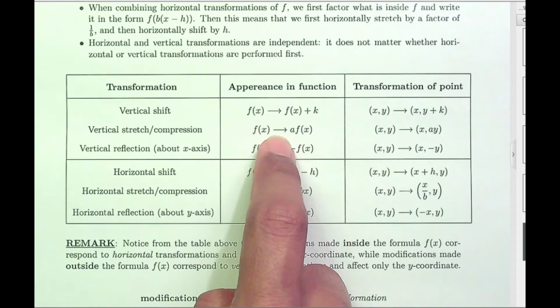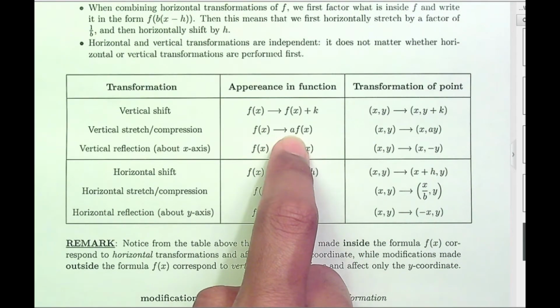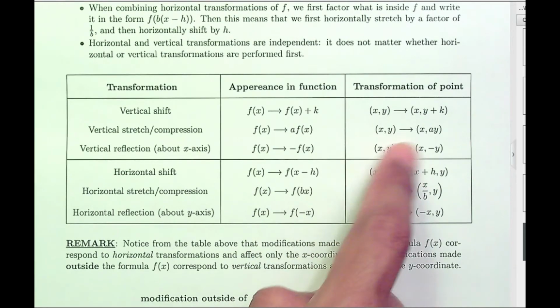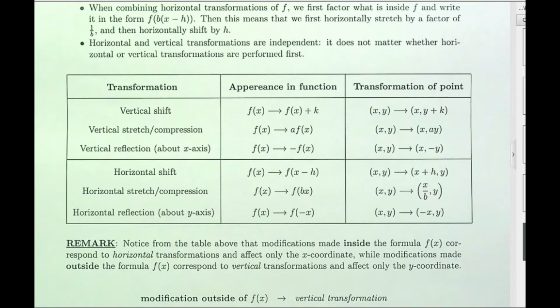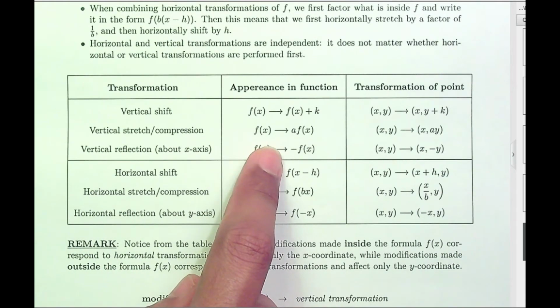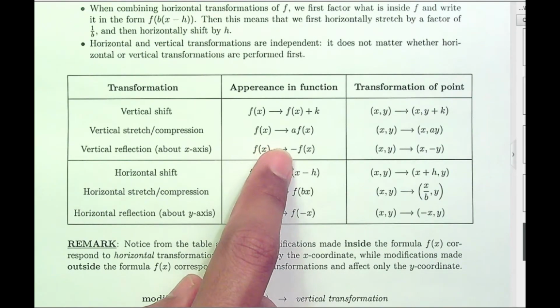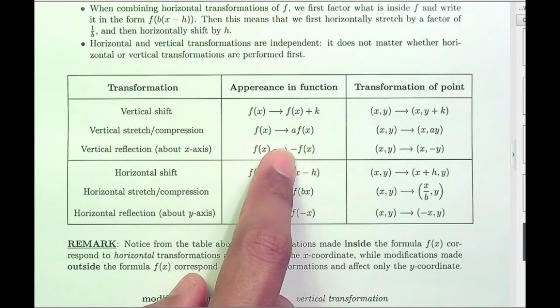If you multiply f of x by a number outside, then again that's a vertical transformation. If you have a point, all you have to do is multiply the y by the number. If a is bigger than 1, that is stretching. If a is between 0 and 1, that is a compression. And lastly, if you just slap a negative sign outside of everything, multiply the whole thing by -1, then that's just a reflection.